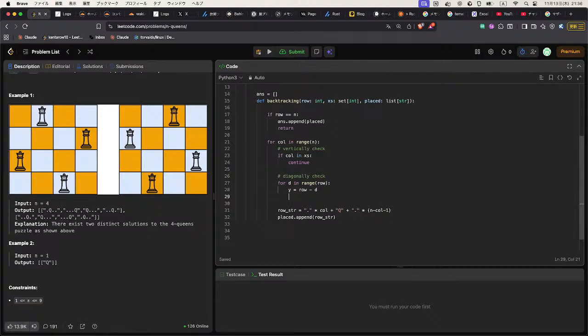And we have two possibilities, x1 and x2. Right? Yeah. But it might be out of range.